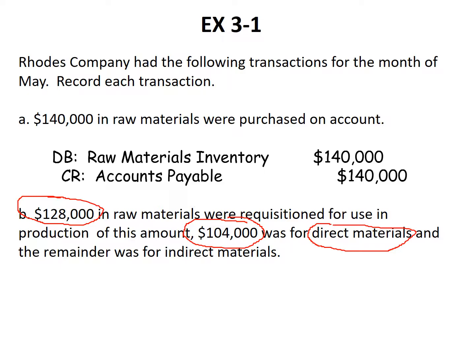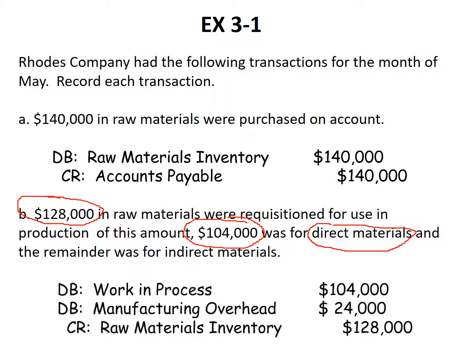So let's take a look at the journal entry in this case. And the entry is debit work in process for the $104,000, which represents the amount of materials that are being used in production, directly in production. Debit manufacturing overhead, which represents the difference between the $128,000 and the $104,000.